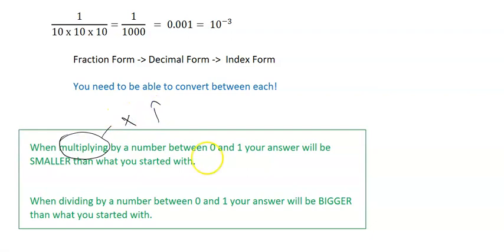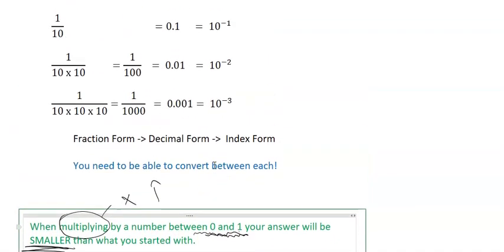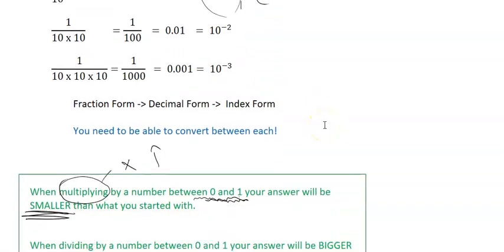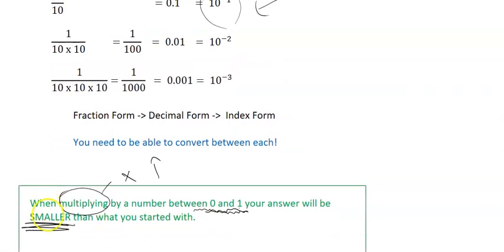In fact, when you are multiplying by a number between 0 and 1, so anything less than 1, it ends up being smaller. So I'm talking about all of these numbers here. Any of these. So any negative integer will mean that if you're multiplying by it, it does the opposite to what you think, and the number gets smaller, like I've mentioned there.